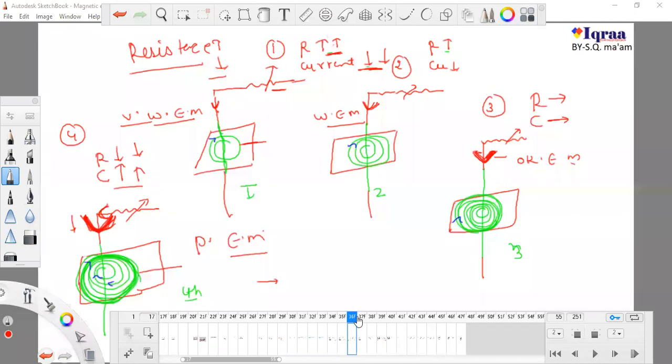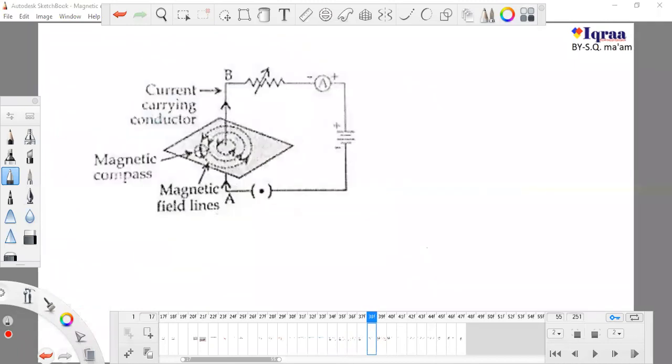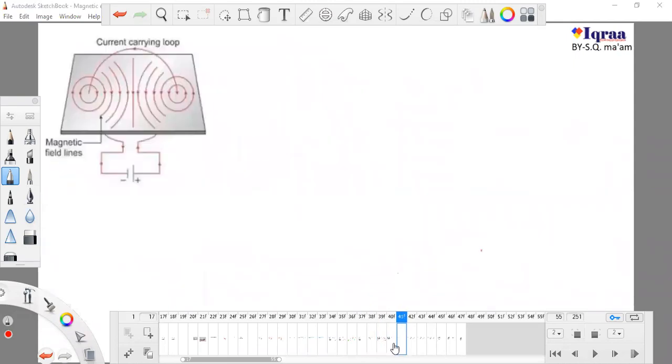Tell me if there is no problem, no confusion, no doubt. You can see here this is the direction and here this is the circling, the direction of magnetic field lines. Tell me if you are done with this. Do you have any doubt? Can you answer this type of question in your exams?